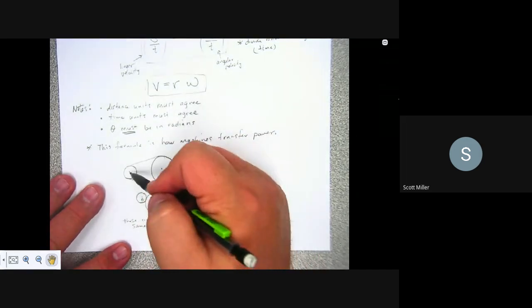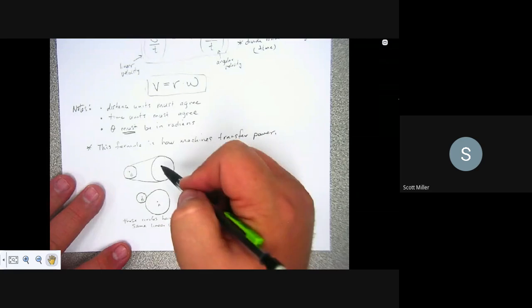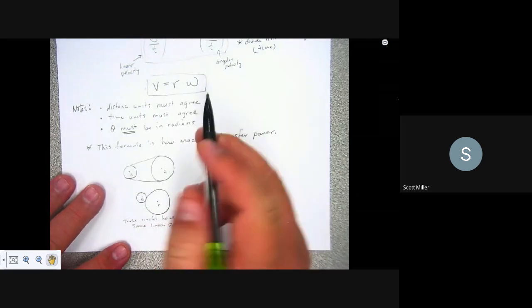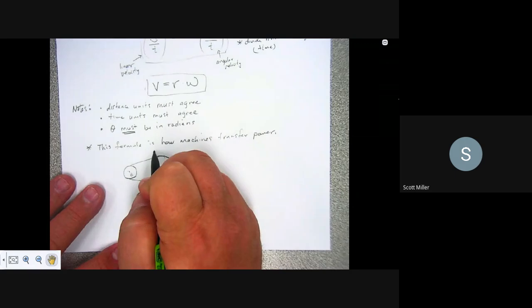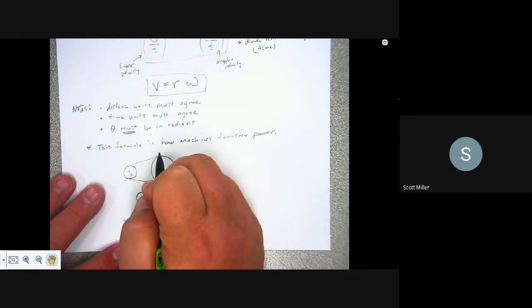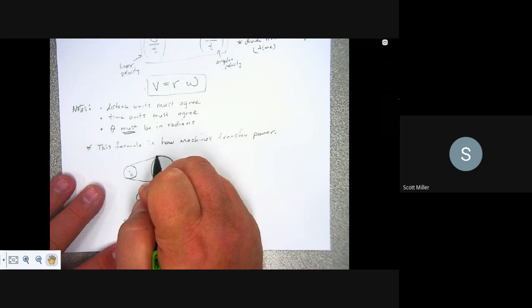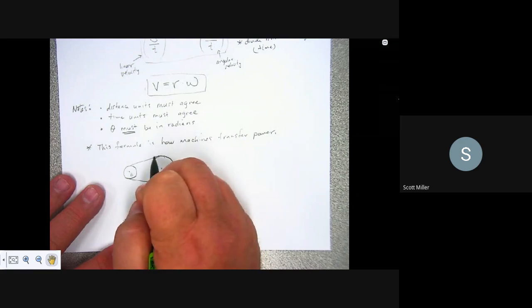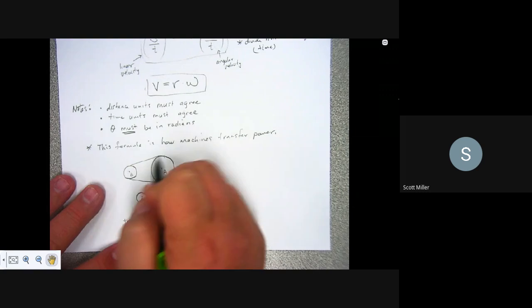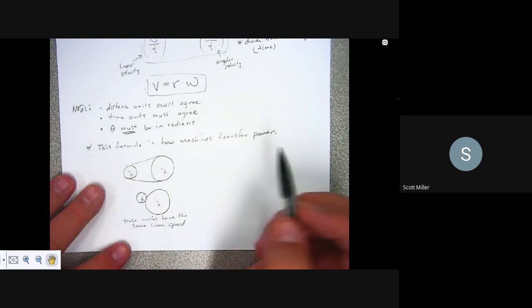Even though one is smaller than the other, the radius is different, but the linear speed is the same. Think about it: if I'm standing on this circle, it's like a treadmill. If I'm running on the belt, the belt's not going to change speed as I get closer to this thing. It's still the same linear speed, still running speed.